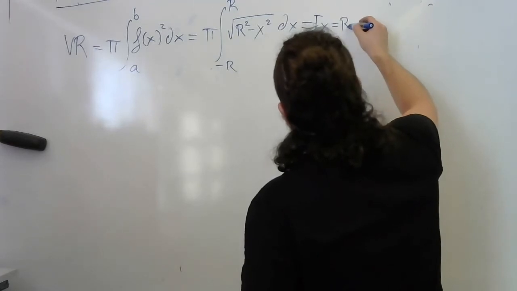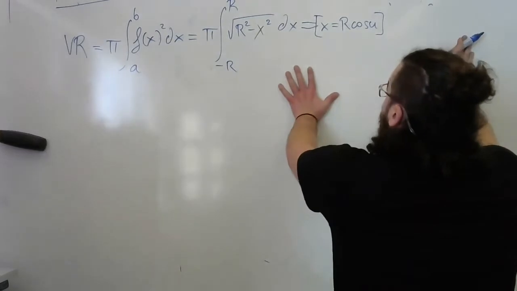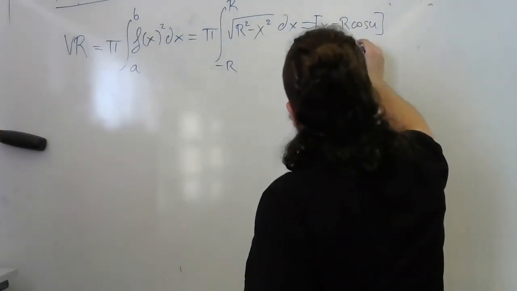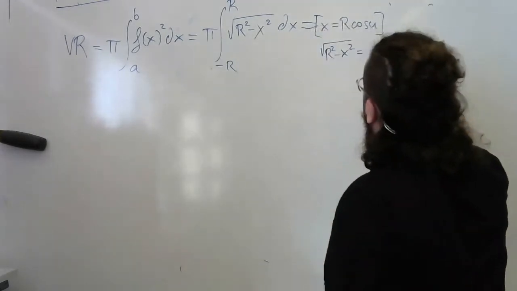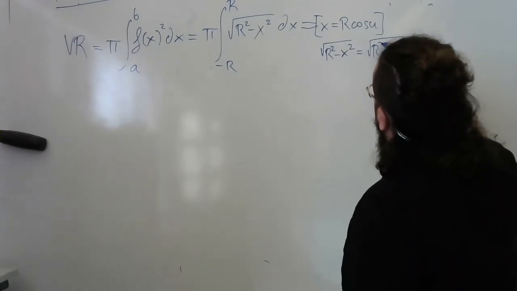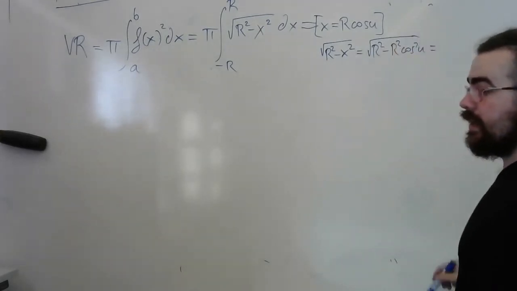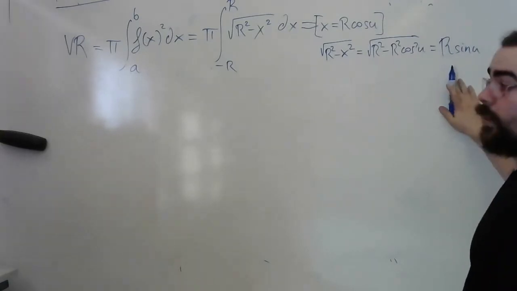But this time I'm going to use the cosine because I can, mostly. And here, the square root of r squared minus x squared is the square root of r squared minus r squared cosine squared. And this is r sine of u, which is good.